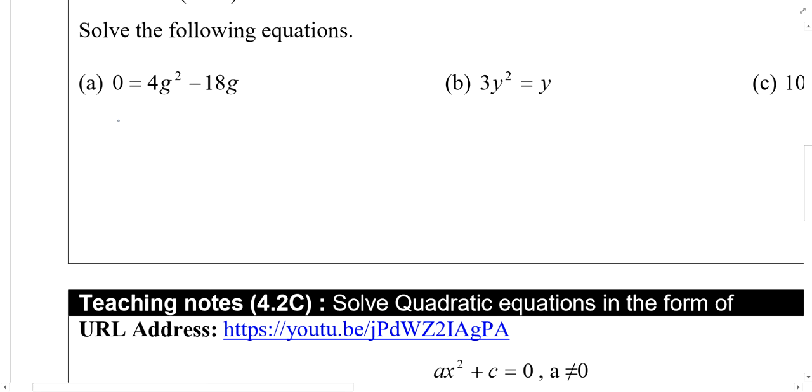Okay, next, Jiahui. What shall I write first? 2G times 2G, minus 9 equals 0.